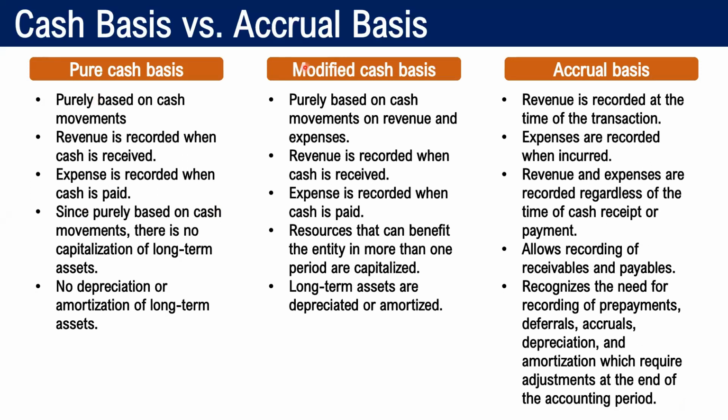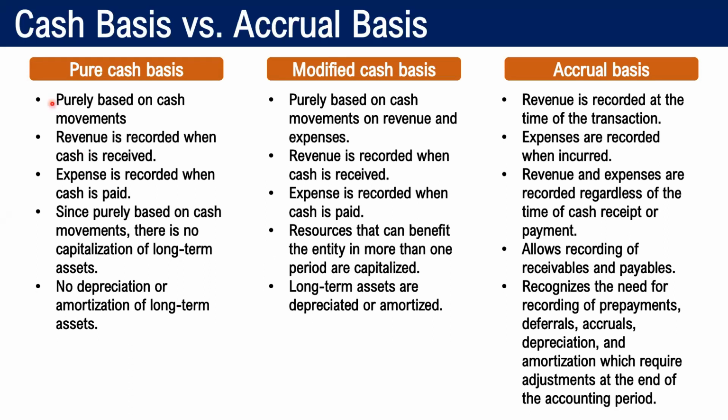Now, the modified cash basis of accounting is a mix of cash basis and accrual basis. Although our recording of revenues and expenses is still based on cash inflow and cash outflow, all resources that we think will benefit more than one accounting period will now be capitalized as an asset.